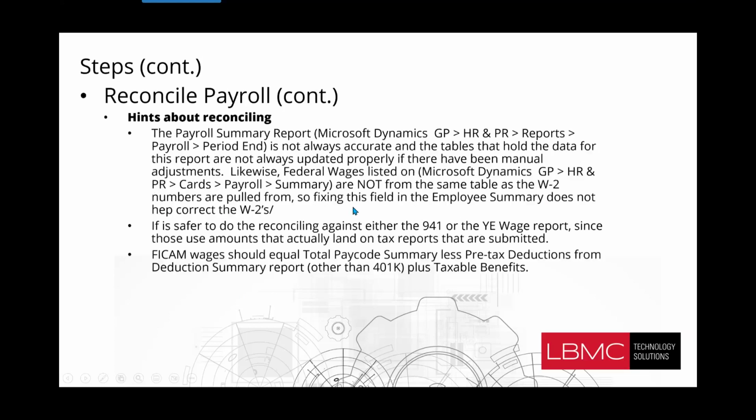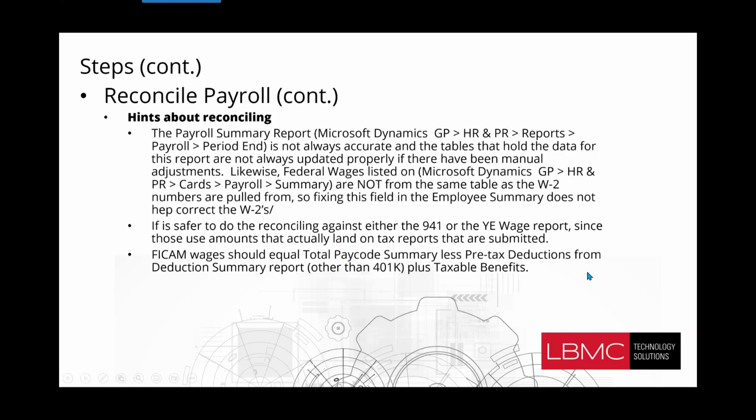It is safer to do the reconciling against either the 941 or the year-end wage report, since those use amounts that accurately land on tax reports that are submitted. The FICA wages should equal total pay code summary less pre-tax deductions from deduction summary report other than 401k plus taxable benefits.